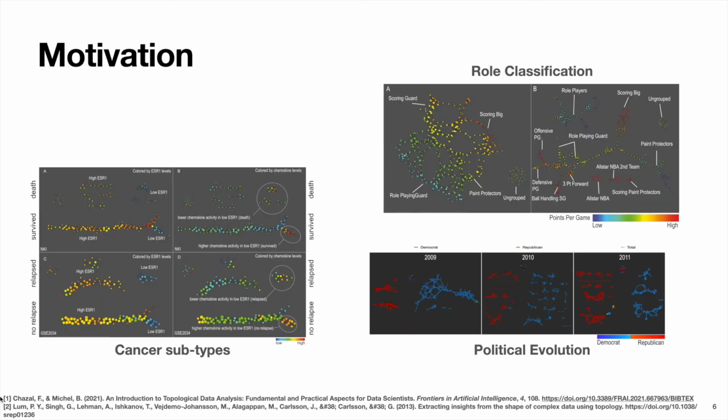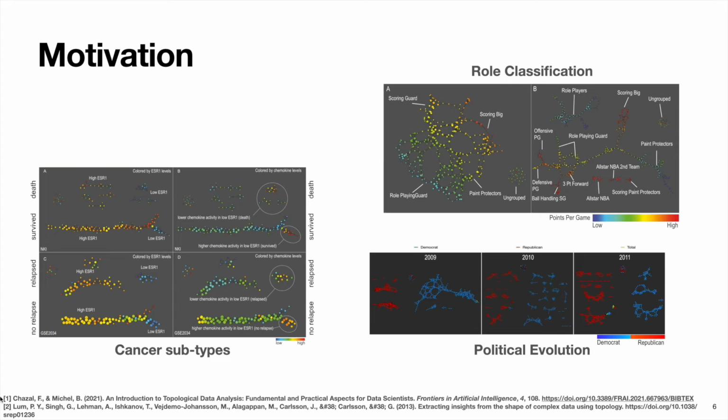The motivation for this series is that when I was first exposed to topological data analysis, it was really exciting. I would see these really cool and engaging visualizations applied to a very diverse set of problems, such as discovering new subtypes of cancer, or defining new roles based on basketball statistics, or even describing the evolution of politics in the United States.